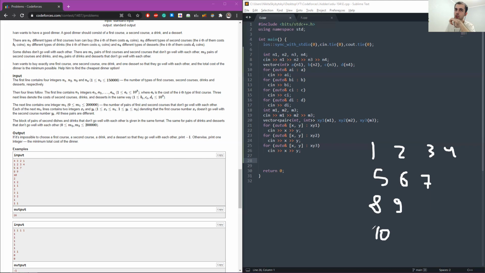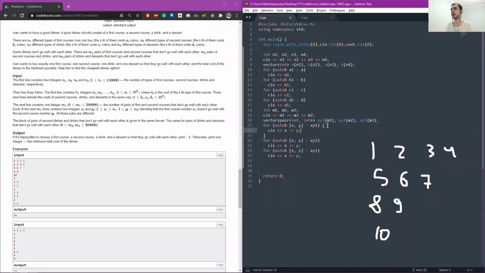And what do we want to do? What are the bad pairs? Let me draw the bad pairs. Okay, we already see that we want to do this. Otherwise it's not possible to keep track of what is what.